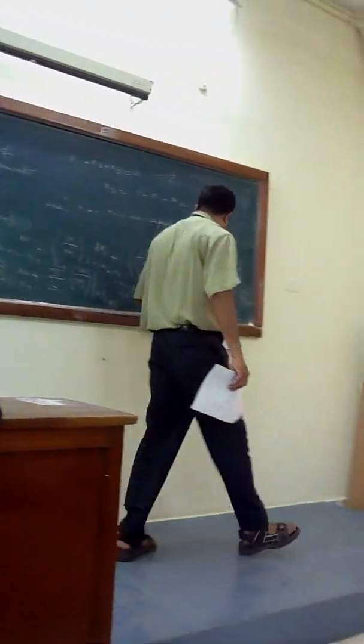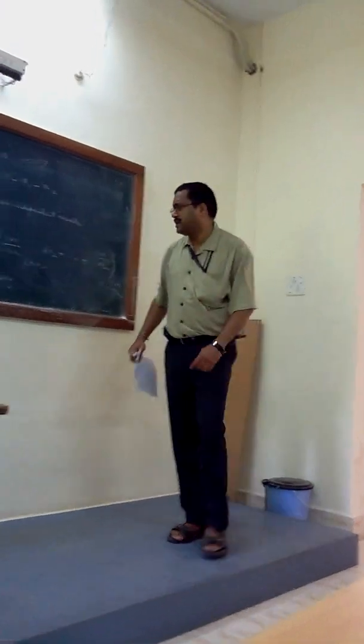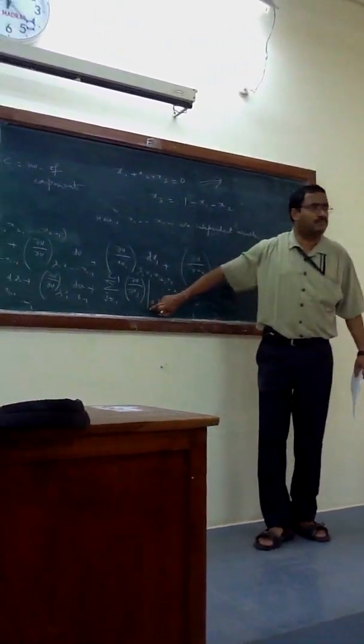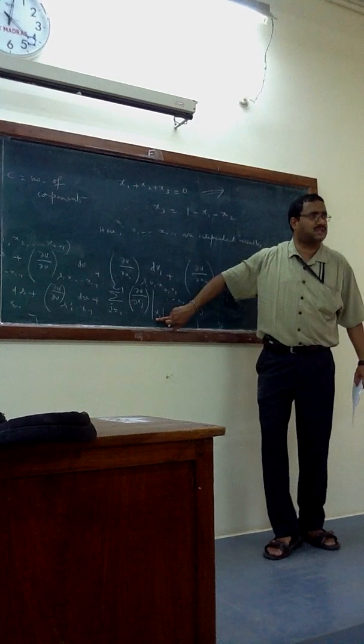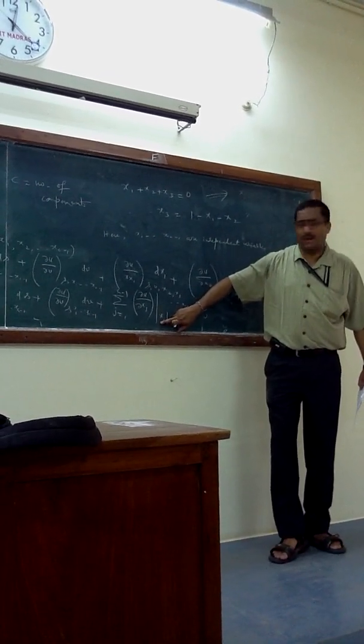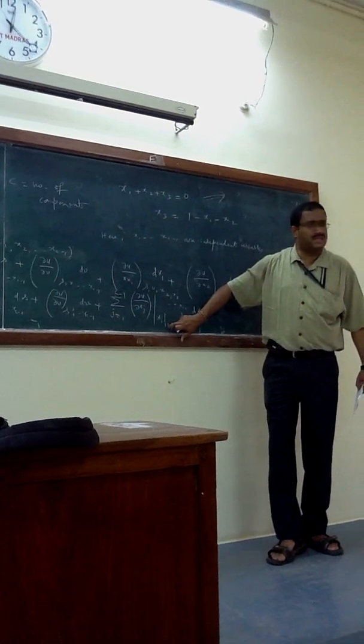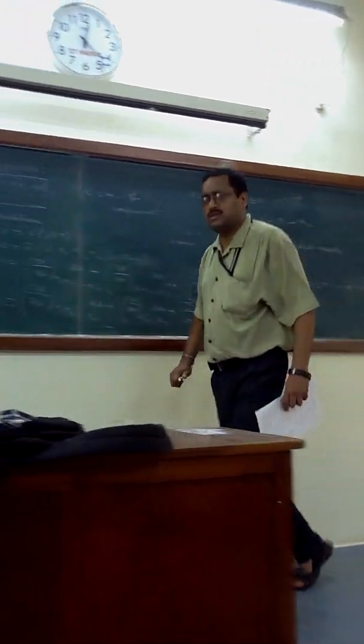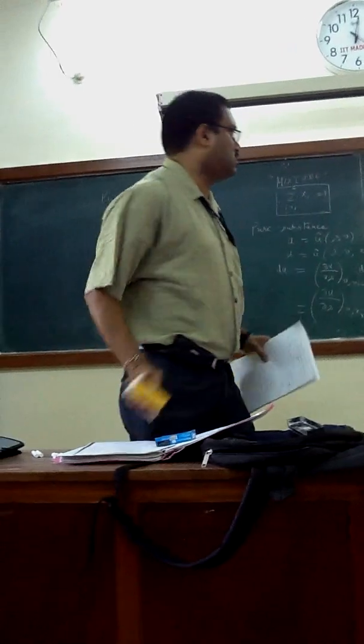Okay. This extra term was not there in your pure component combined first and second law; this term will not come there. Is this the chemical potential? Of course not. This is called the generalized chemical potential.